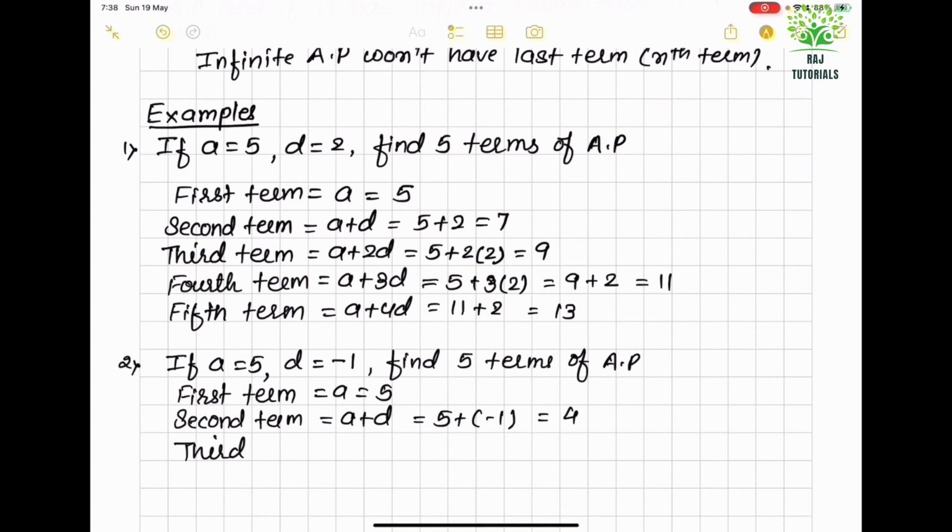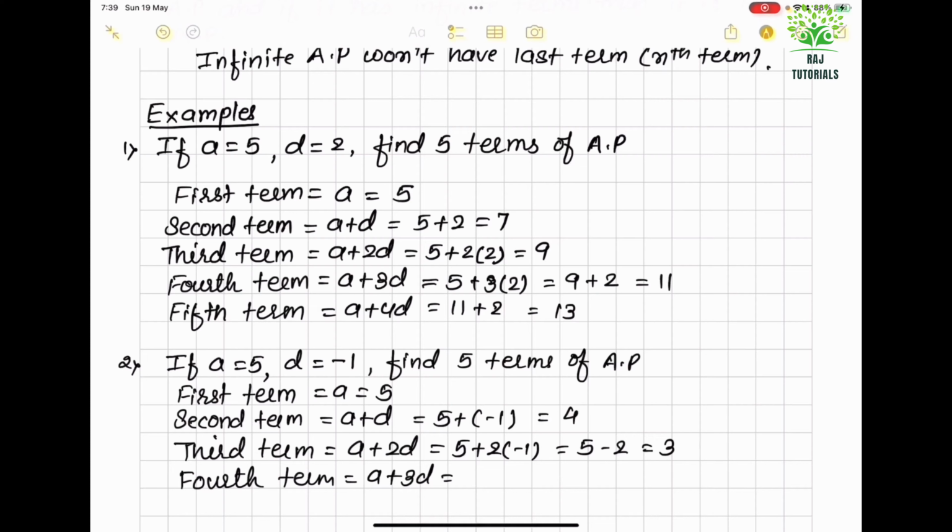Third term A plus 2D, so 5 plus 2 into minus 1, that is 5 minus 2, 3. Fourth term A plus 3D, so that will be 5 plus 3 into minus 1, so 5 minus 3, that is 2.